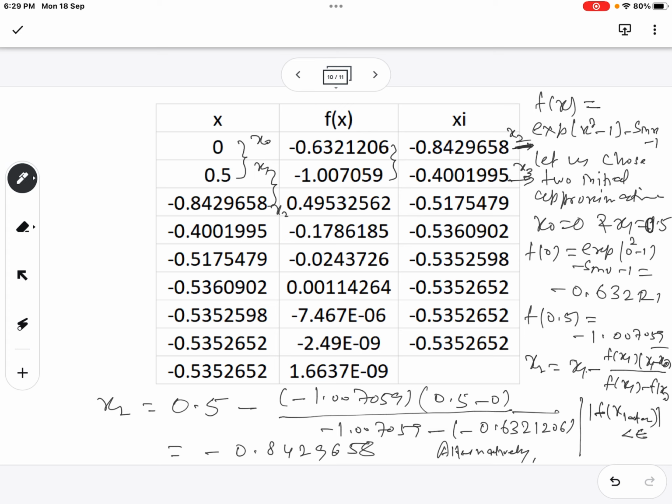So for example, over here up to 4 digits, I can see that this is what the root should be. So the root correct to these 4 decimal places is 0.5352.